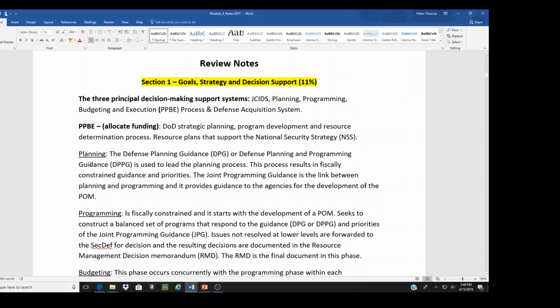The planning phase of PPBE, the final document, is the Defense Planning Guidance, sometimes referred to as Defense Planning and Programming Guidance. Remember that you receive guidance before you begin a process. The joint programming guidance is a link between planning and programming, so you receive both of those jointly. It may be called either DPG or DPPG.